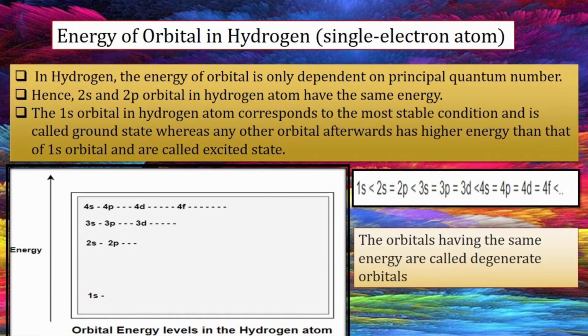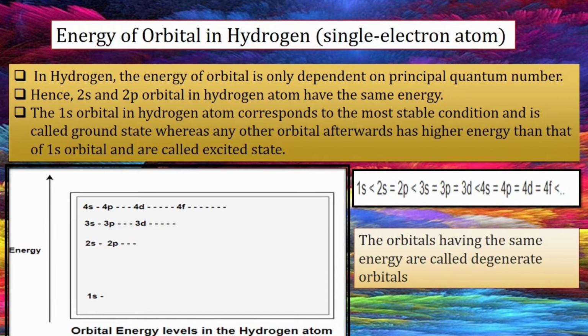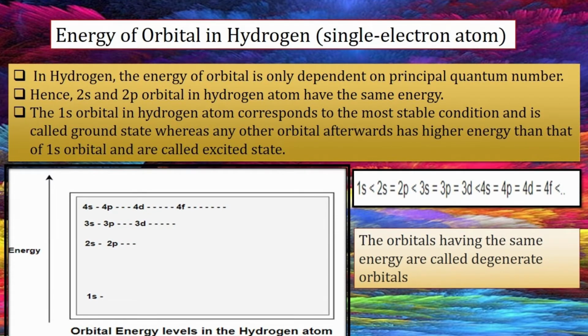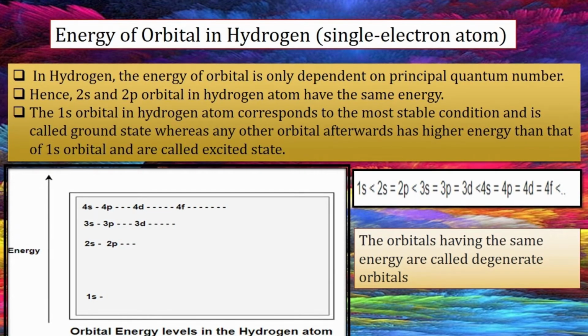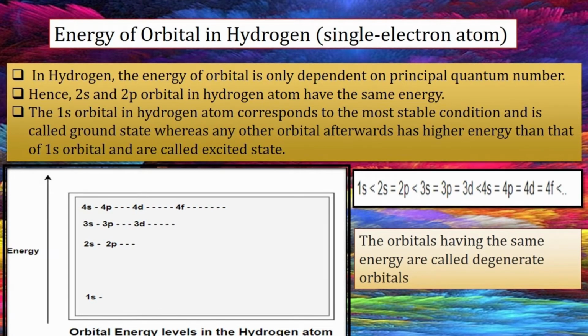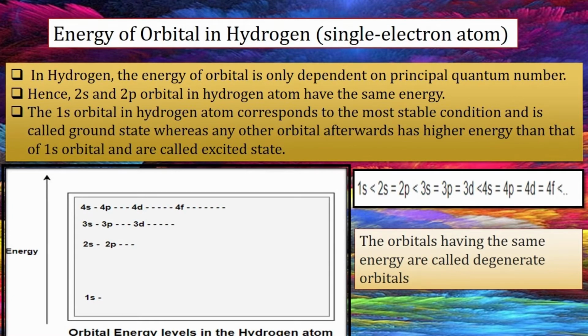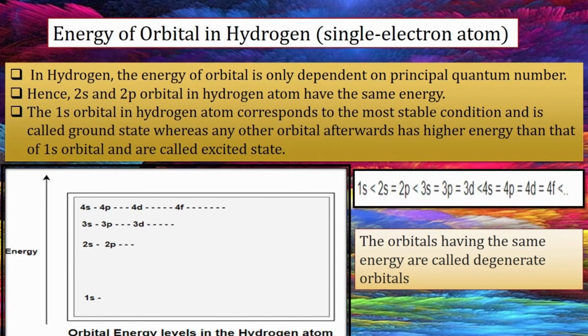And from that, it is clear that the energies of various orbitals in a hydrogen atom depend only on the value of the principal quantum number, that is n, and are independent of the value of the azimuthal quantum number, that is l.